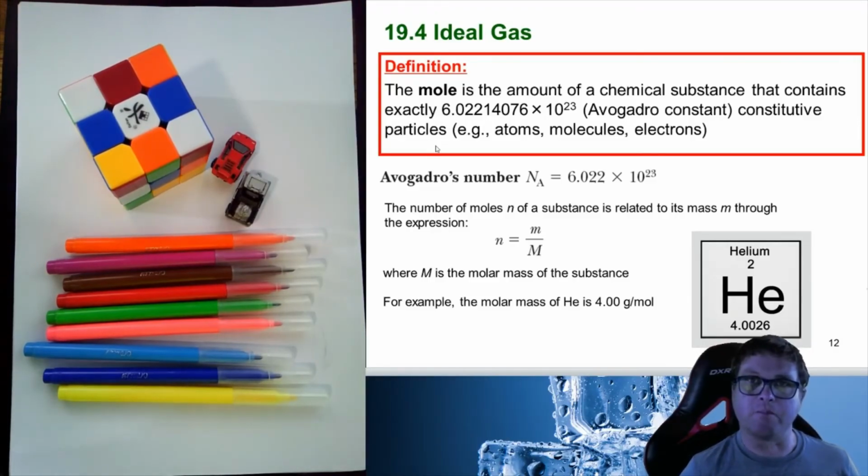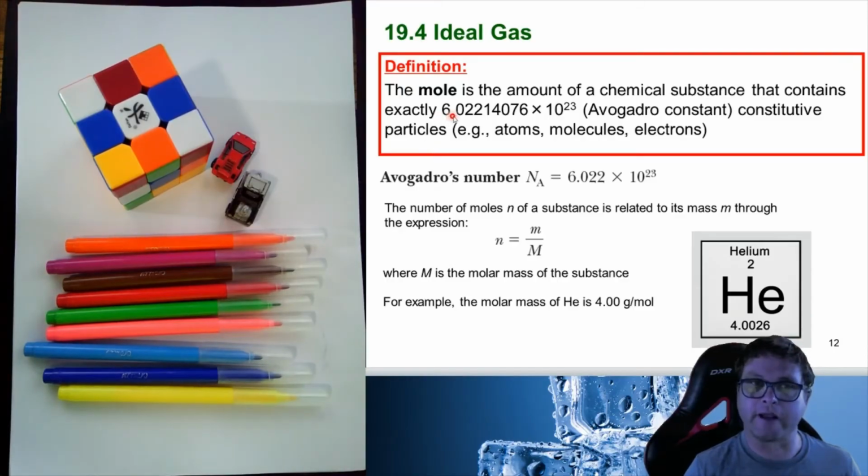When you think of a mole, it's useful to think of a dozen. When we're speaking about eggs, we often refer to a dozen eggs. And then we know that that's 12 eggs, or perhaps we would like to speak about half a dozen eggs. That's 6 eggs. So the concept of a mole is similar to that of a dozen.